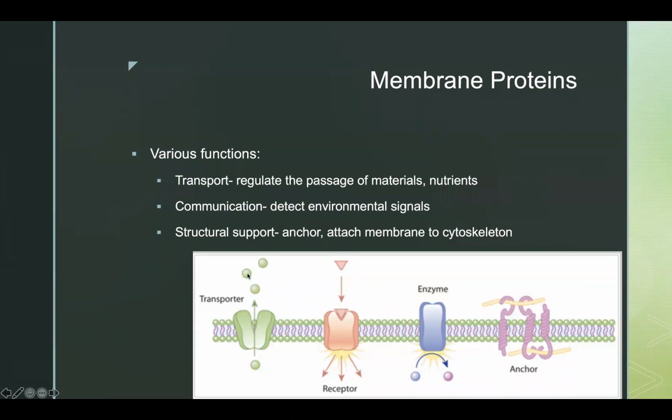They function as transporters, and they function as receptors for signal transduction, transmitting signals from the environment to the internal component. Signal transduction is important. Enzymatic activity: chemical reactions take place at the cell membrane surface, as well as anchoring, attachment to that cytoskeleton. These are all very important functions of membrane proteins.